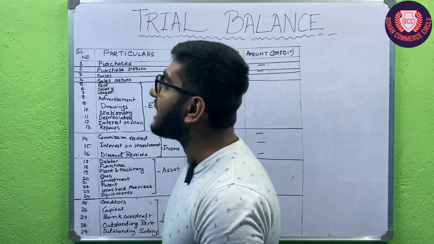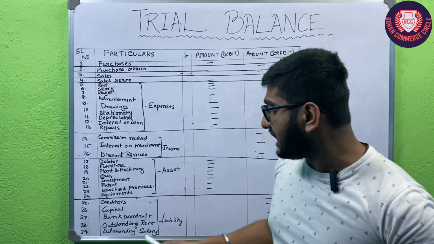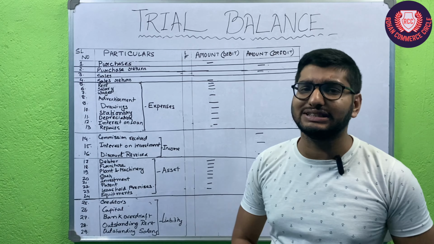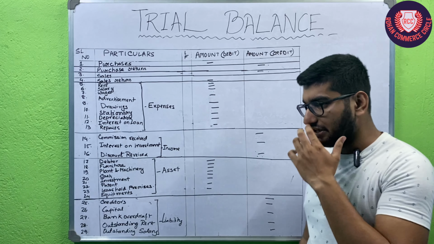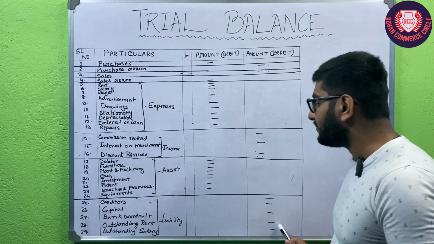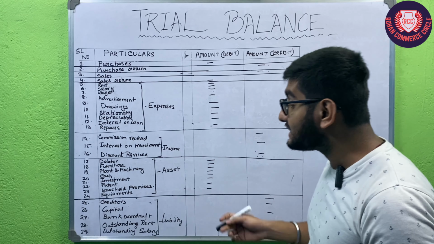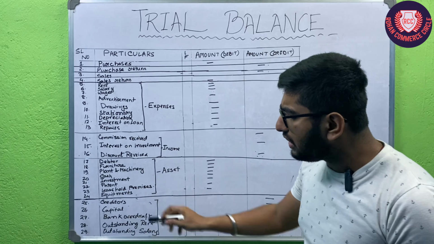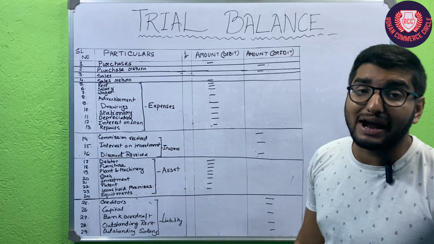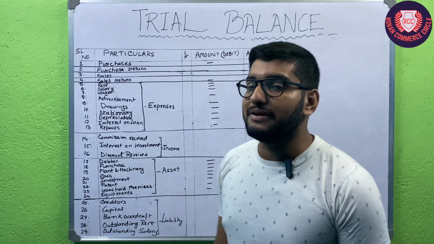Okay. And next are liabilities. What are liabilities? Creditors, capital, bank overdraft, outstanding rent and outstanding salary can be called liabilities. So we all know that liabilities have credit balance. So we have written it on the credit side. Okay. So you all know creditor, capital, but maybe you don't know what is bank overdraft. So let me give you an example.